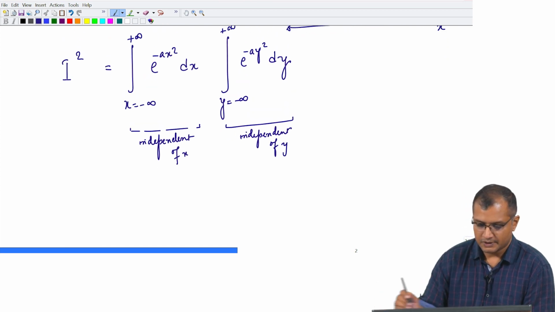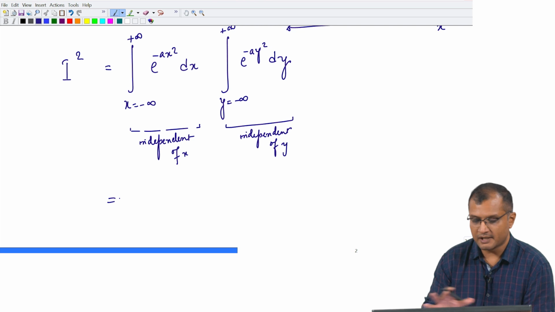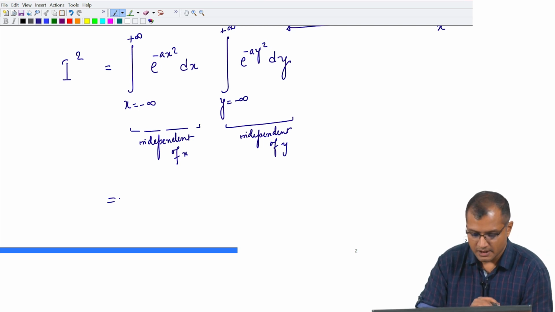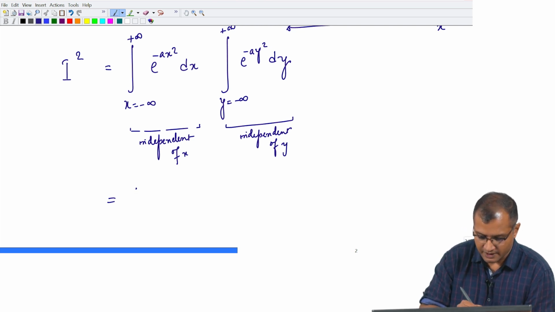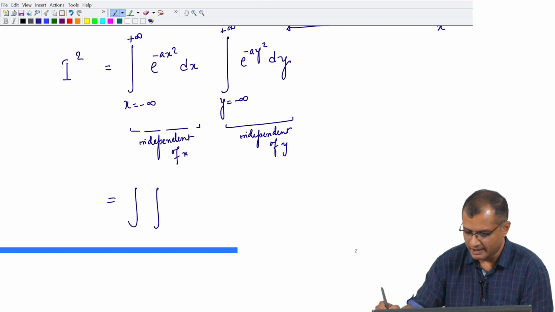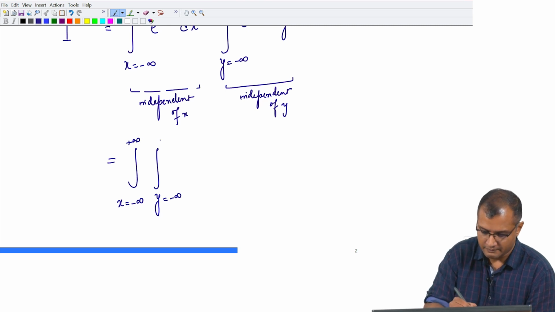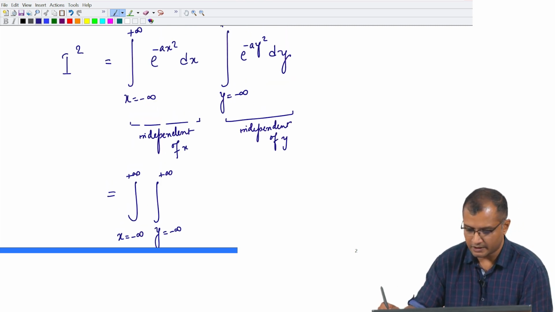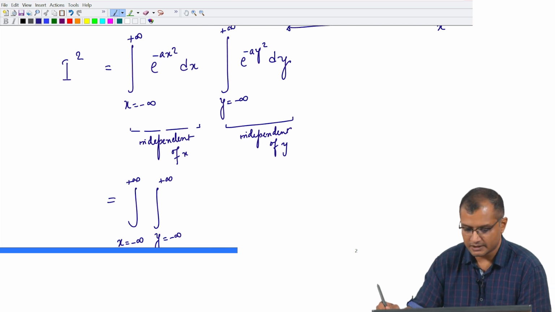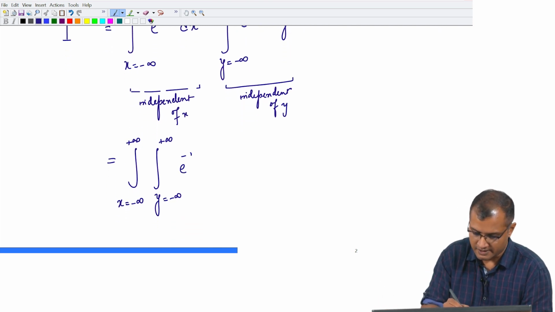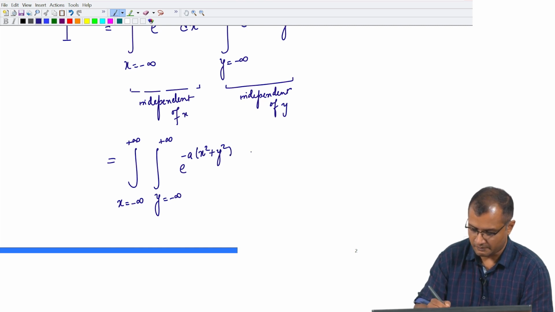So, this allows me to write this square as two separate definite integrals, and now I can combine these two definite integrals into a double integral, one for x and one for y, and combine the integrand as e raised to minus a times x square plus y square, dx dy.